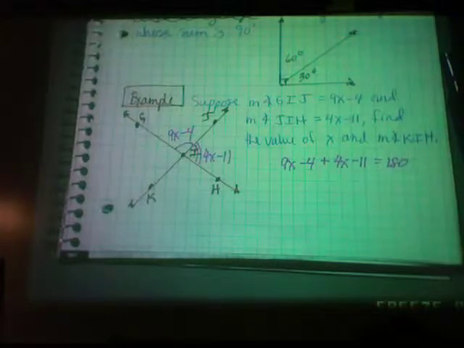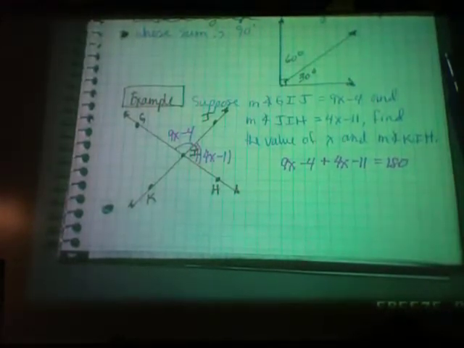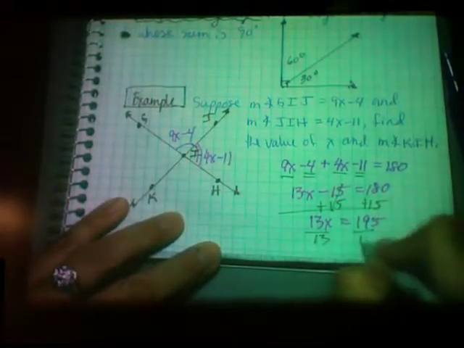Nobody should be packing up. When you get an answer for x, share it, and we are now running out of time. So you end up with 13x equals 195 when you divide by 13.